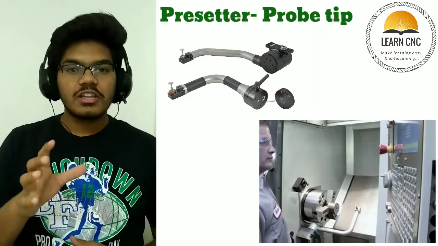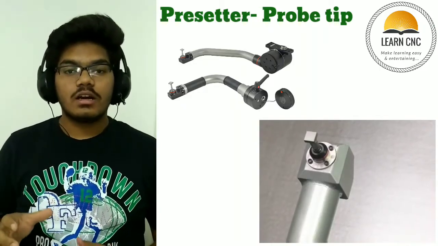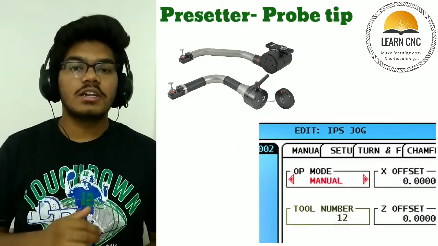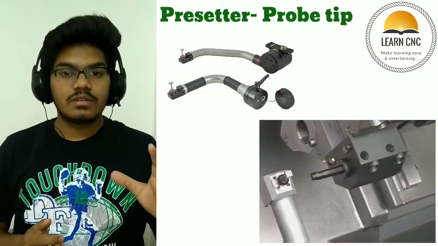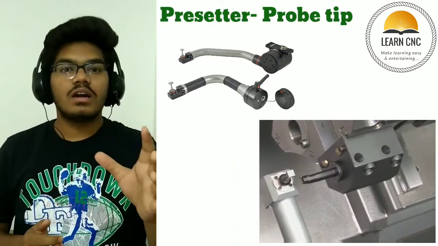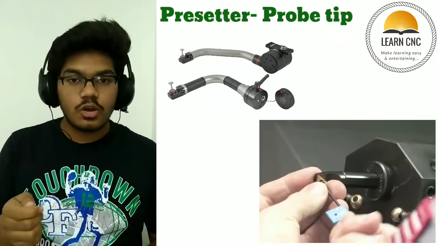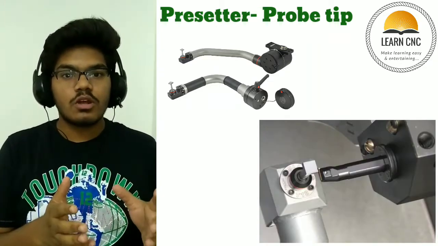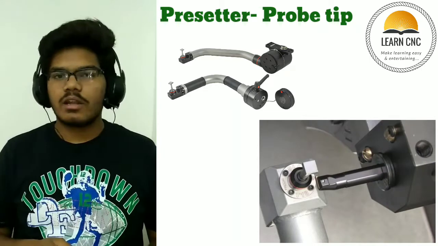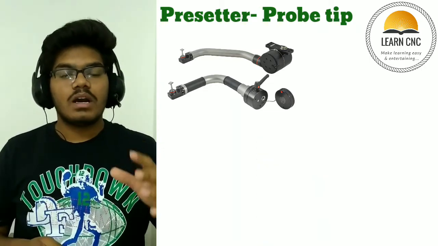Now, probe type tool setter. Generally this type of tool setter is used in CNC turning centers. It can be used manually by using a handle jog for the movement of the tool towards the probe tip, or can also be done automatically.